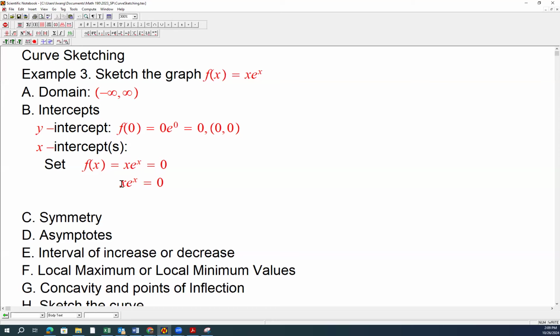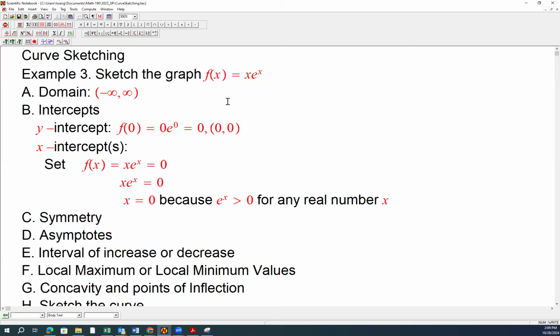So for this product to be equal to 0, we get x equals 0, because e to the power x is always positive for any real number x. This is the domain and range for e to the power x.